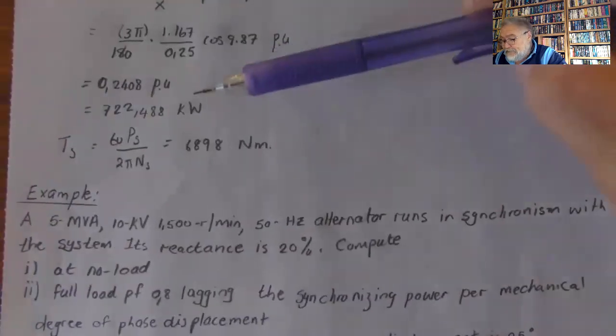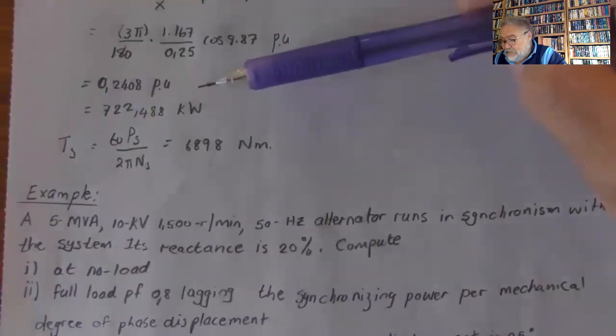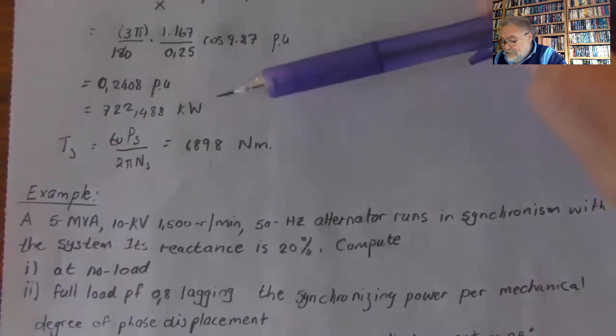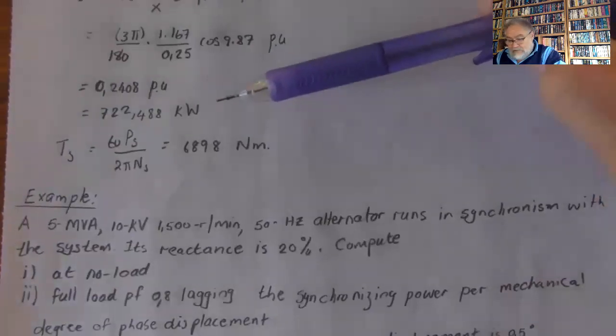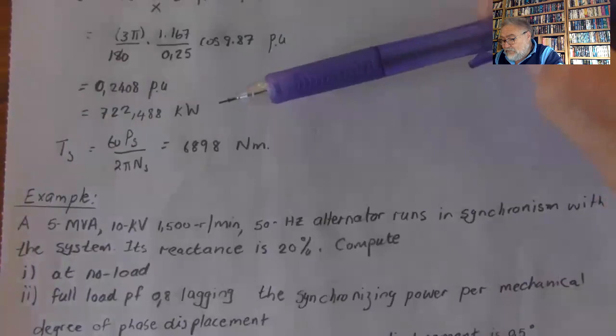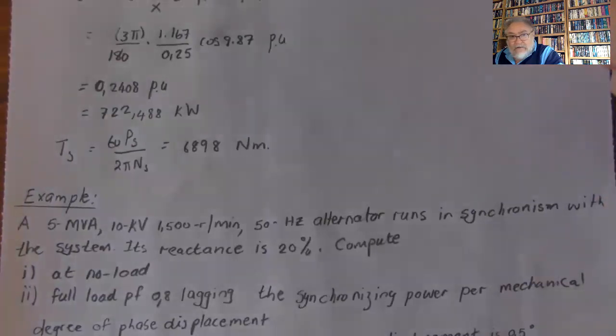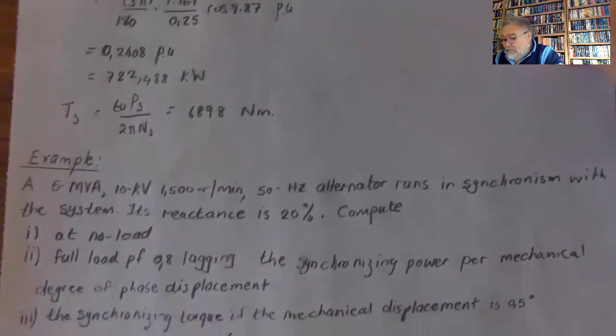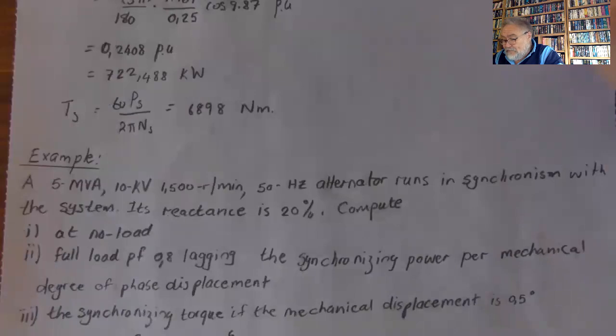And that gives us a value of 0.2408 per unit. Converted to real kilowatt, we get 722.488. Then the synchronizing torque will be 60 times the synchronizing power divided by 2 pi ns. That gives us a value of 6898 Newton meter.